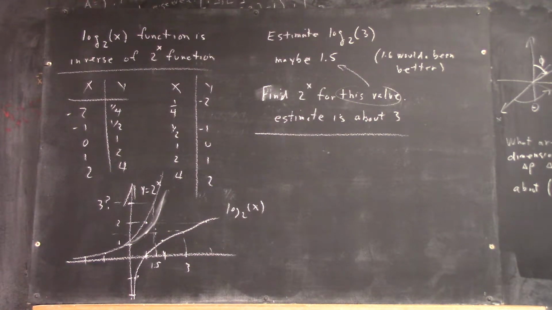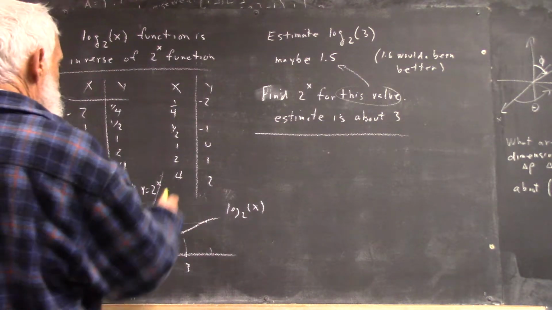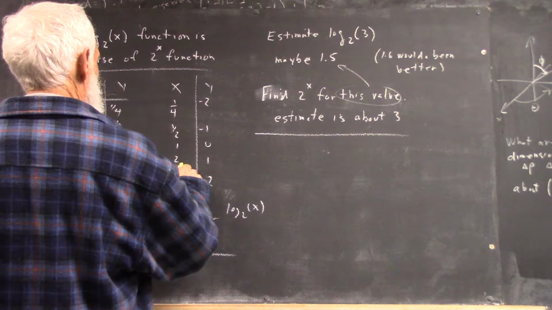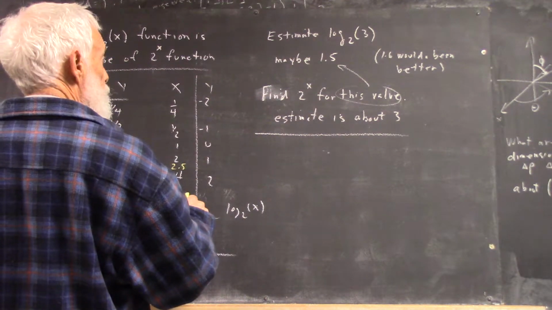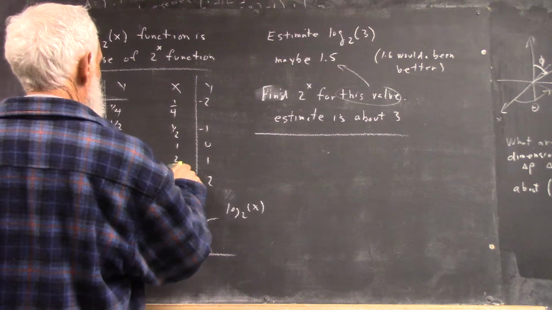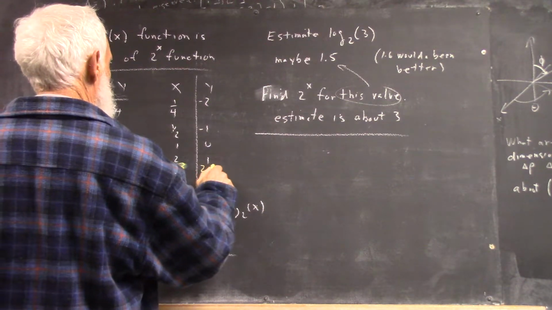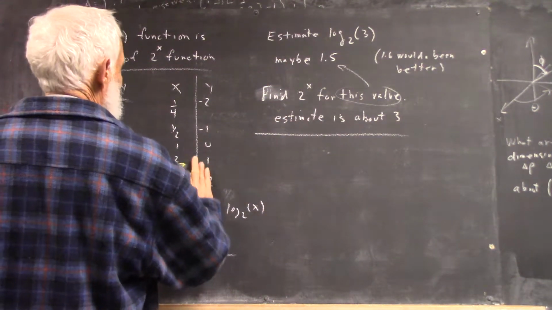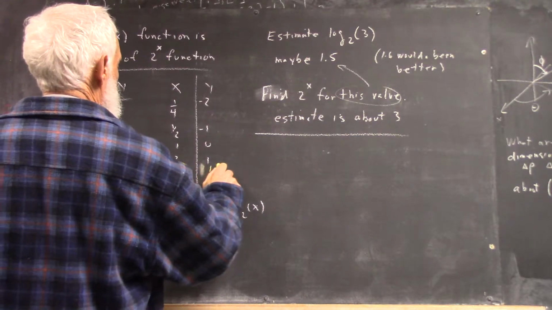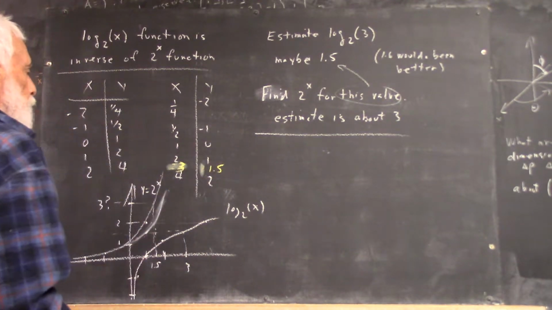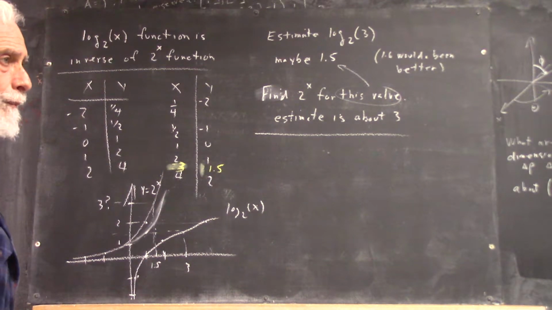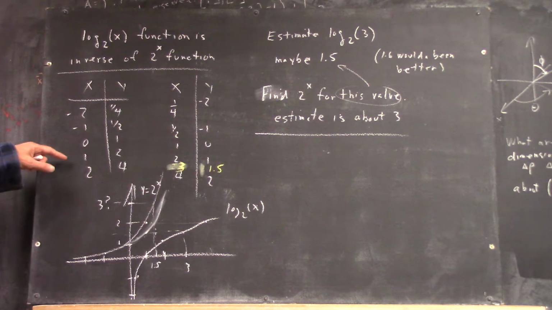Now, should that be? Well, if, I'm sorry, if 3 gave you a value of 1.5, then what would you expect to see on this table?